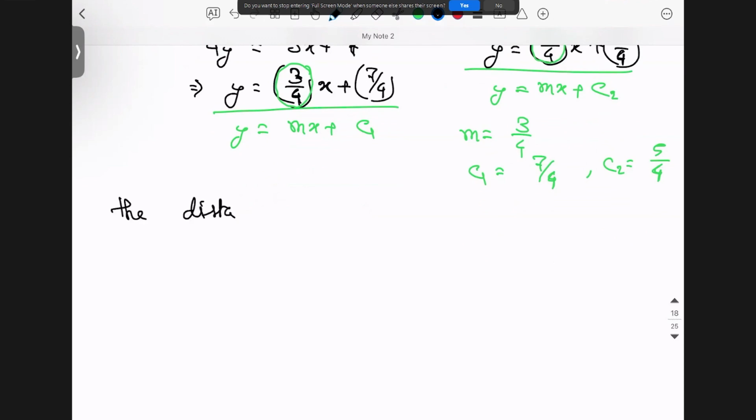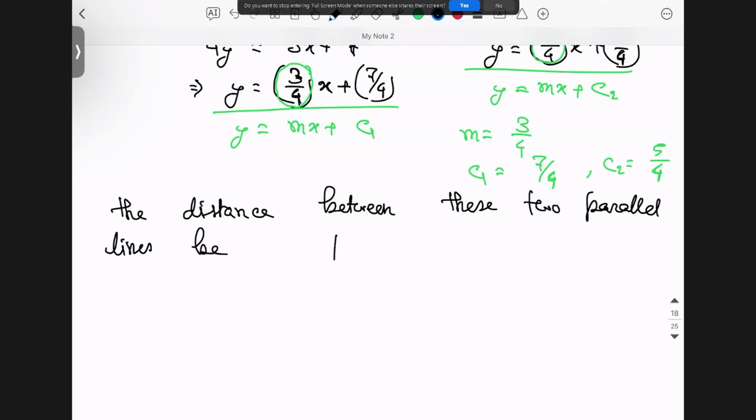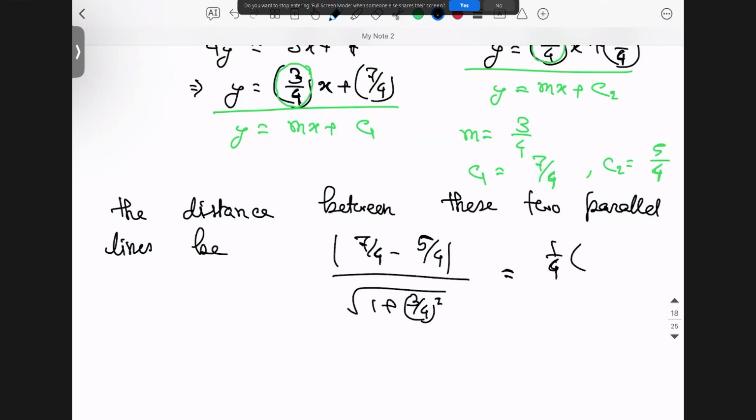Now if I use the formula, the distance between these two parallel lines will be the modulus of 7 by 4 minus 5 by 4 over the square root of 1 plus 3 by 4 whole square, which further gives us 1 by 4 times 7 minus 5, divided by 1 by 4 times the square root of 4 square plus 3 square.